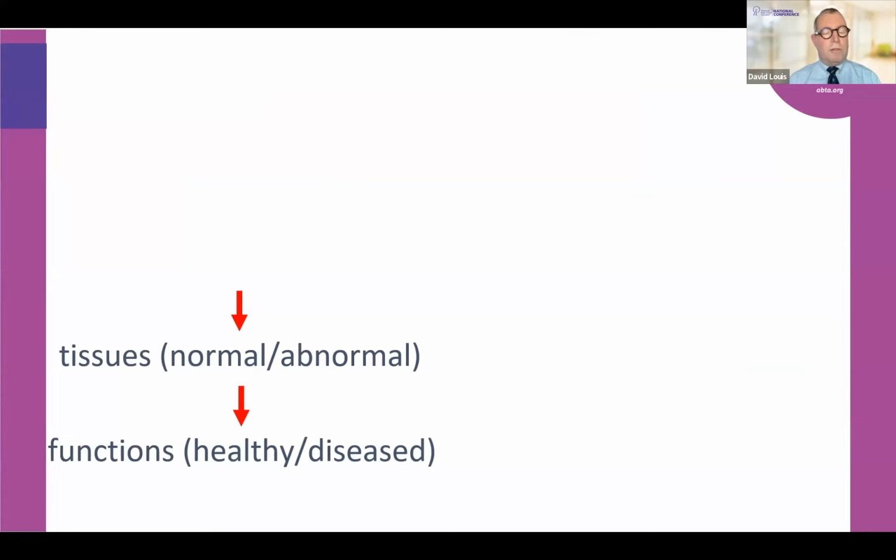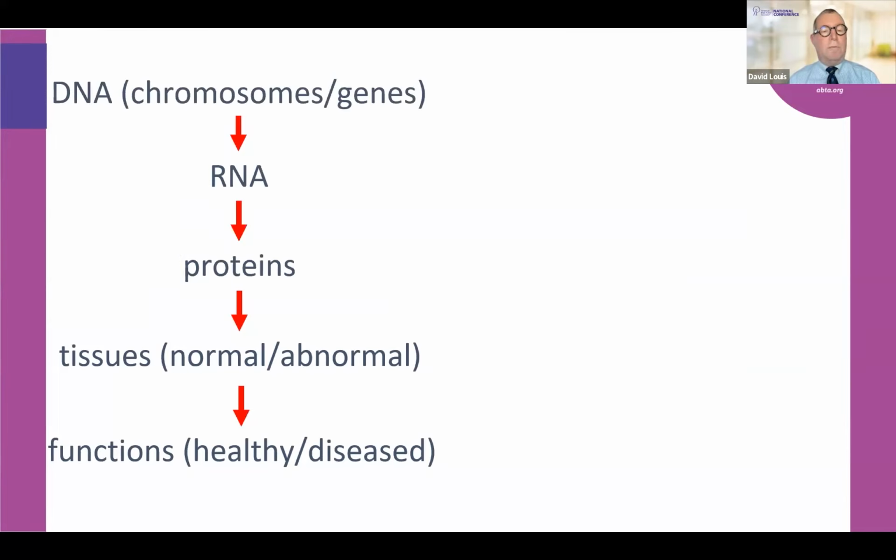But when those functions get diseased, you have trouble with that type of activity, moving the finger. So the question becomes, what is abnormal in a tissue, in an organ like the brain or the nerves or the muscles or the bones, to lead to a disease state?